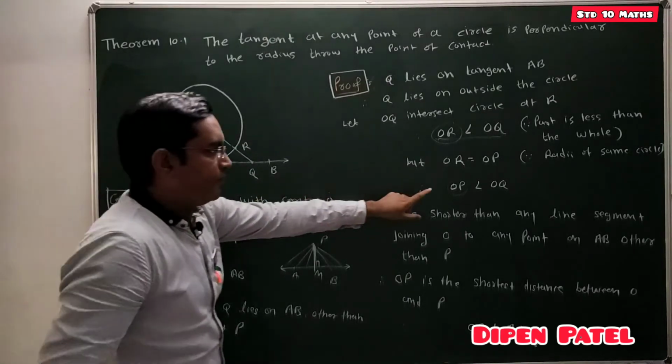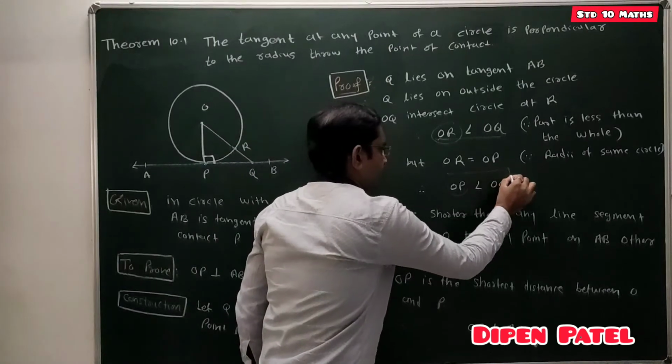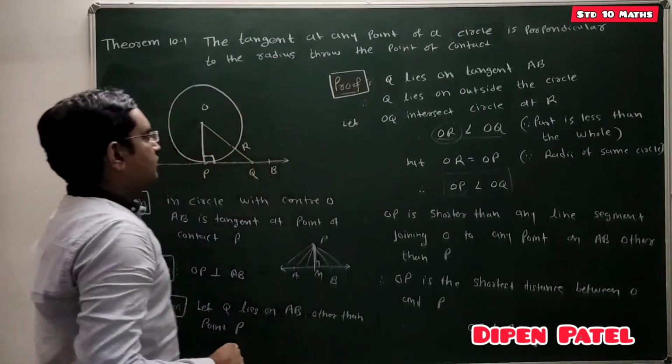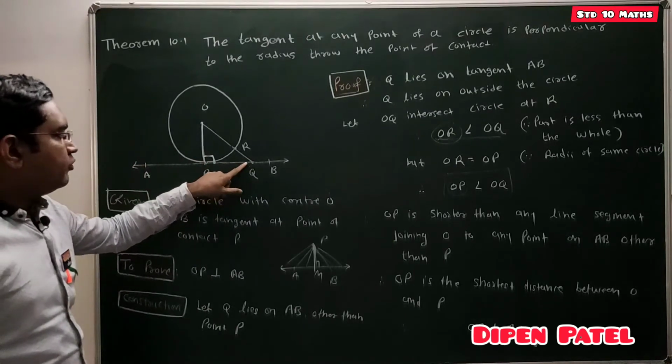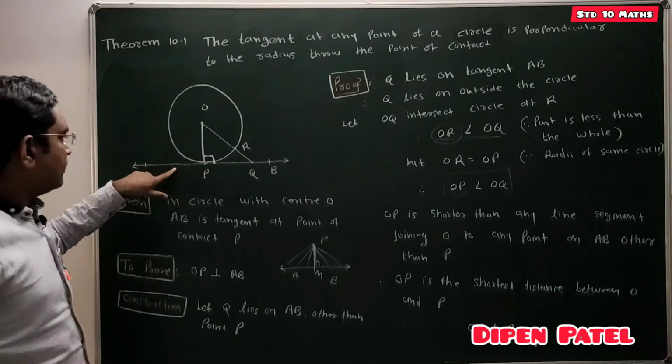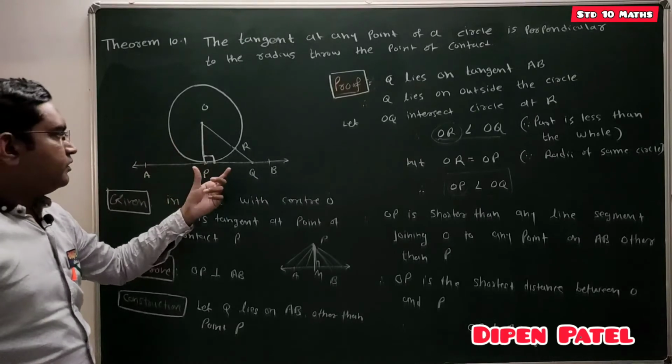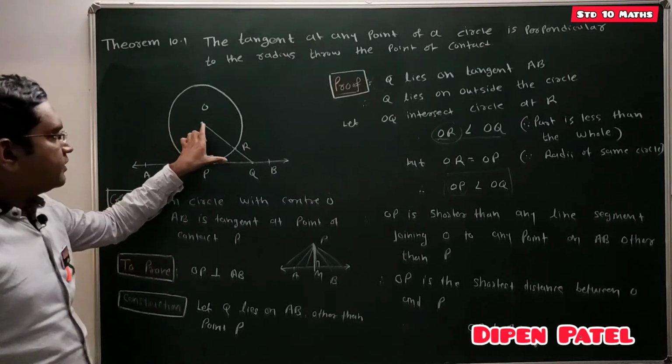Done? OP is always less than OQ. The whole concept is here. OP is less than OQ. So what is Q? Q is any point on the line. You can take point Q over here, over here, over here, or any point. Always OP will be less than OQ.